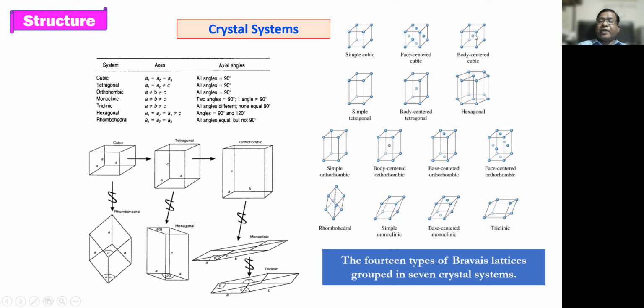Then simple tetragonal, body centered tetragonal, hexagonal, simple orthorhombic. Depending upon where the extra atom is sitting, you can see body centered, base centered, face centered, simple monoclinic, rhombohedral, triclinic. Okay, these are the 14 types of Bravais lattice which are grouped in 7 crystal systems.